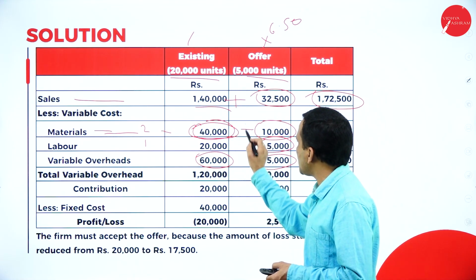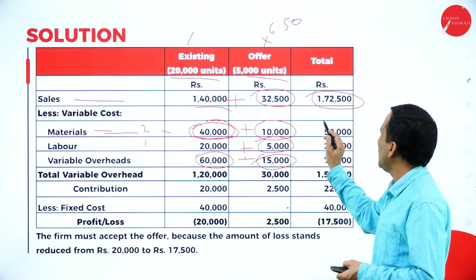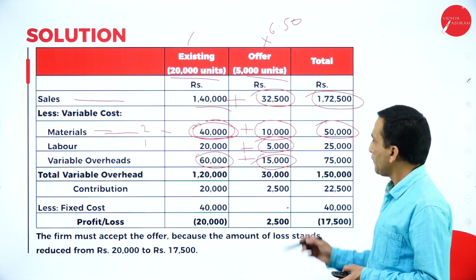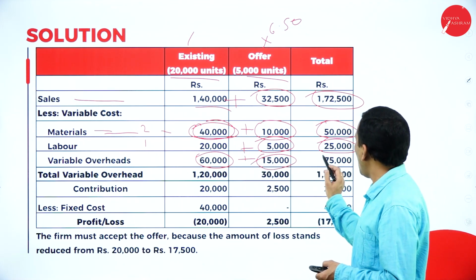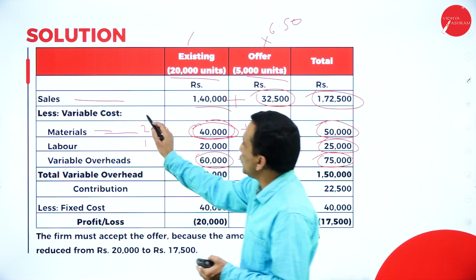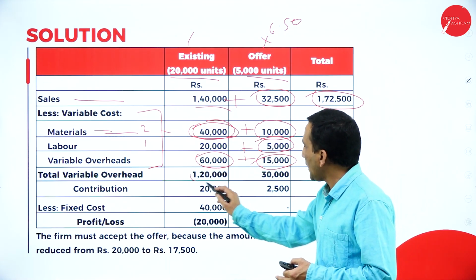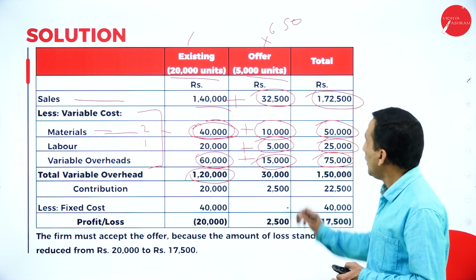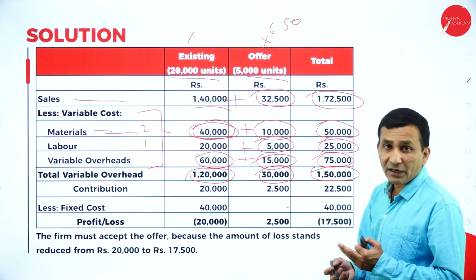If you take the respective totals horizontally, total material is 50,000, total labor cost is 25,000, and total variable overheads is 75,000. Now we take all the variable costs: we get 1,20,000 for the first, and 30,000 for the extra order, a total of 1,50,000.